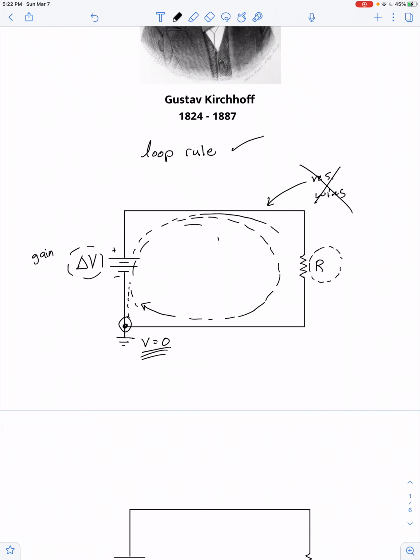And as we go across the resistor, there's a loss of electric potential. The gain in potential and the loss in potential should cancel each other out.